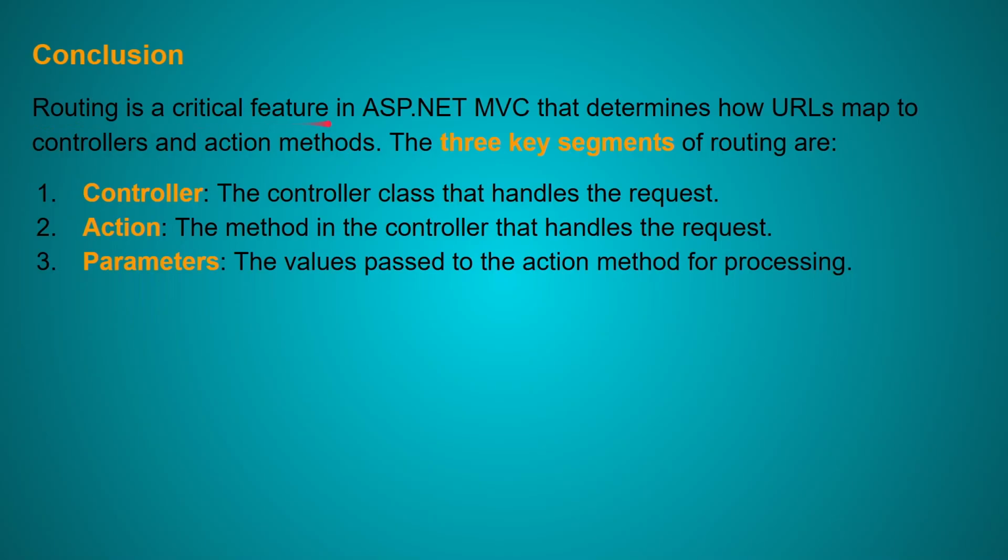Routing is a critical feature in ASP.NET MVC that determines how URLs map to the controller and action methods. The three segments of routing are controller, the controller class that handles the request, action, the method in the controller that handles the request, and parameters, the values passed to the action method for processing.